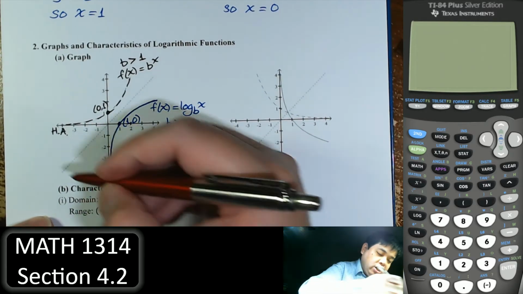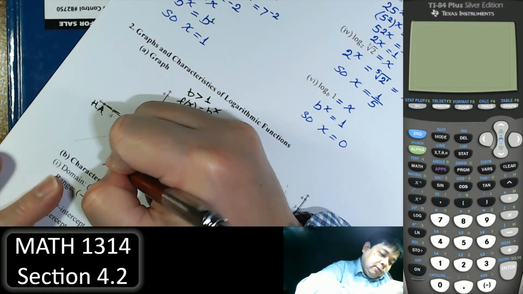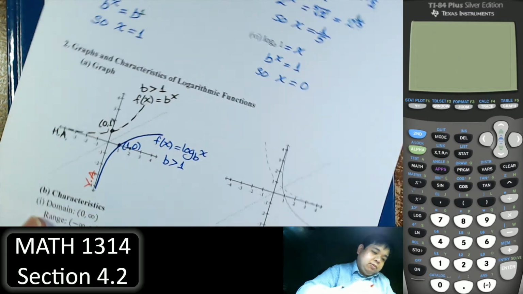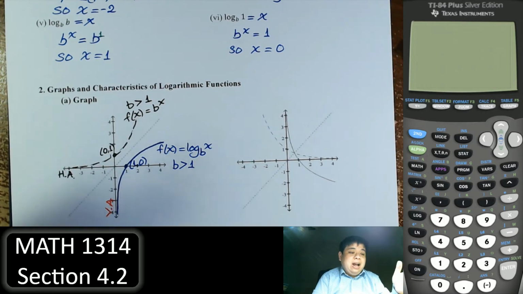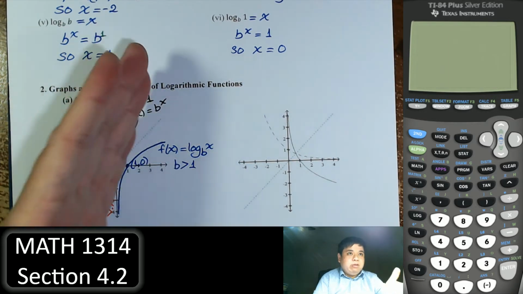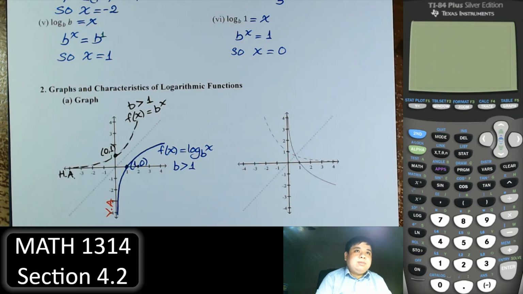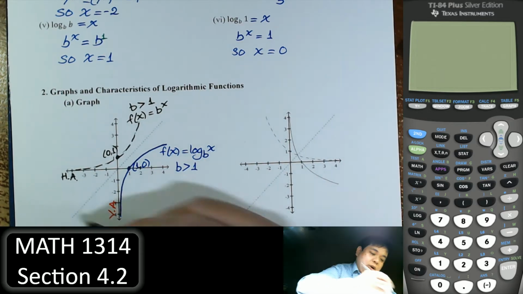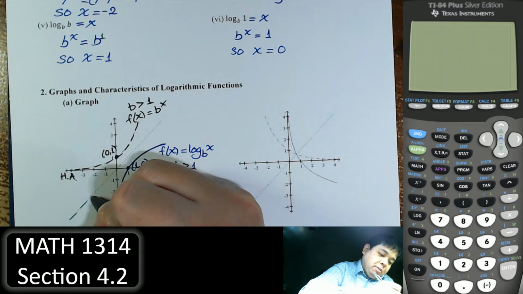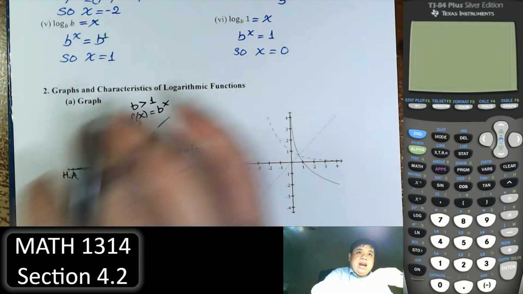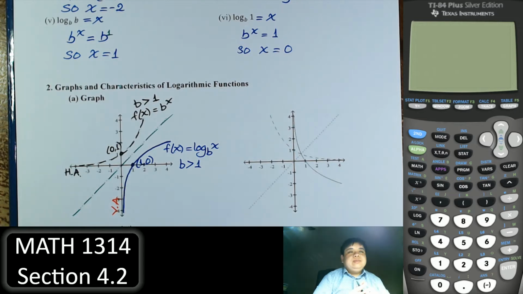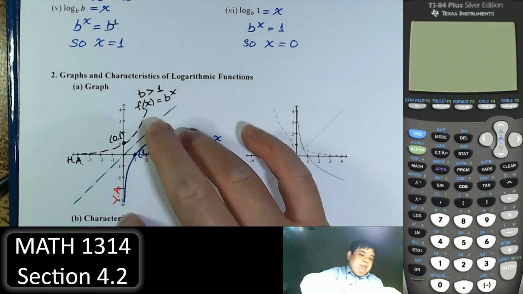So we switch x and y: the y intercept becomes the x intercept, and the horizontal asymptote becomes the vertical asymptote. We have one nice characteristic of inverse functions: the graph will be symmetric about the line y equal to x, and here we do have it. So this is the graph of the logarithmic function.